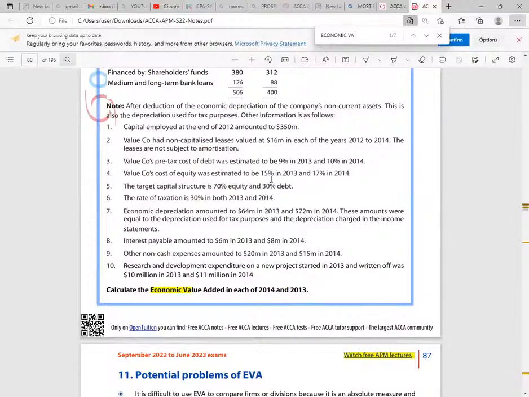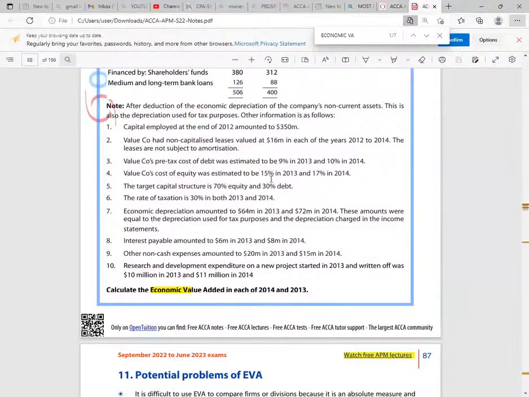Nope. The weight of equity for 2014 is supposed to be 17%. Weight of debt doesn't change. The weight of debt is 0.3 times the cost of debt after taxation. Cost of debt before taxation for 2014 is 10%.